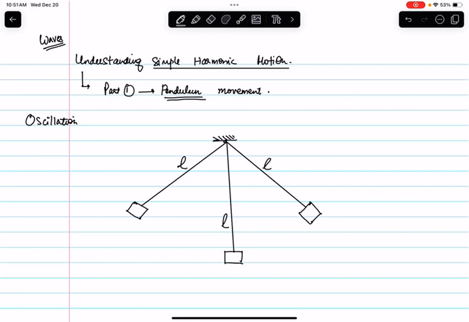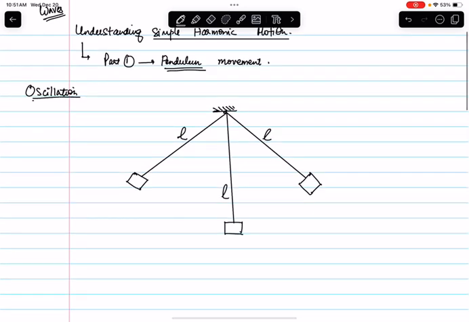Now, for any oscillation, we have to define some basic characteristics. So first of all, if you look at a simple harmonic oscillation or simple harmonic motion, this is a periodic oscillation. What this means is that this oscillation keeps repeating itself.